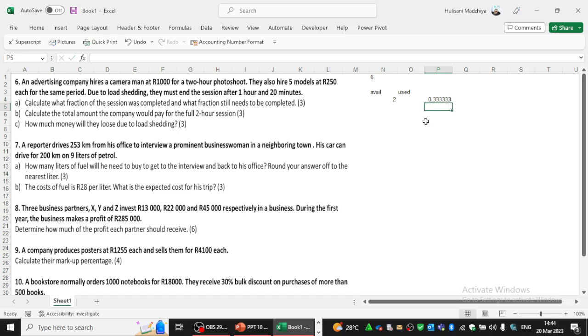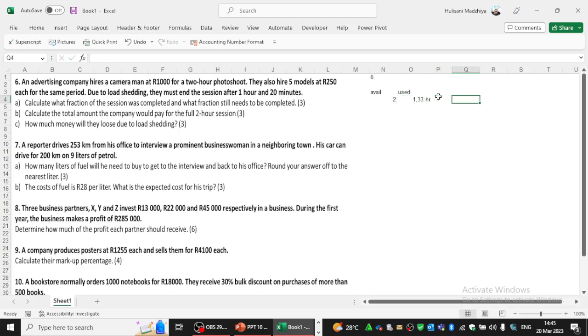If I round this off to two decimals, that will be 0.33. So hours used is 1.33. It's not 1.20, because 1.20 would be a different number of hours and minutes. So it is 1.33 in hours.